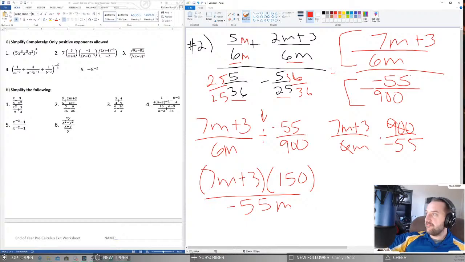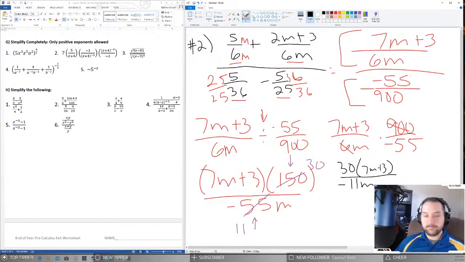Now there is also a 5 in common between the 150 and the 55. If I divide that by 5, you get 11. If you divide that by 5, you're going to get 30. And so I hope my face doesn't block it, but you're going to get 30 times 7m plus 3 over negative 11m.